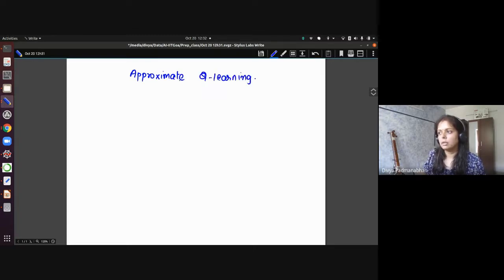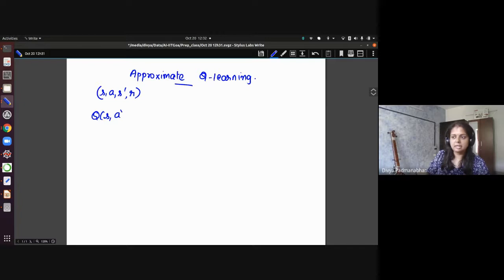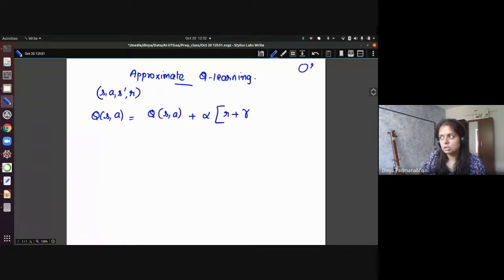Again, the Q-learning update was for, if you saw a state S, action A, S dash, and R, this transition that you saw, what you would do for Q-learning, I'm just writing it in a slightly different way, was take your current estimate plus alpha times R plus gamma times max over A dash of Q of S dash, A dash.